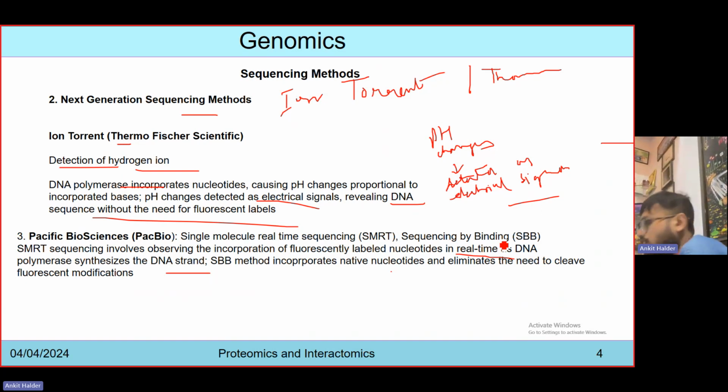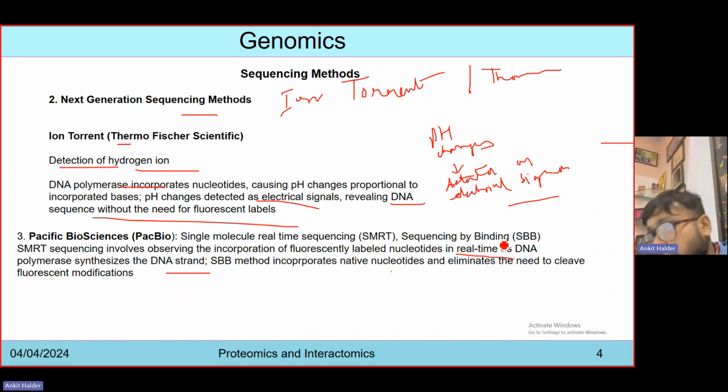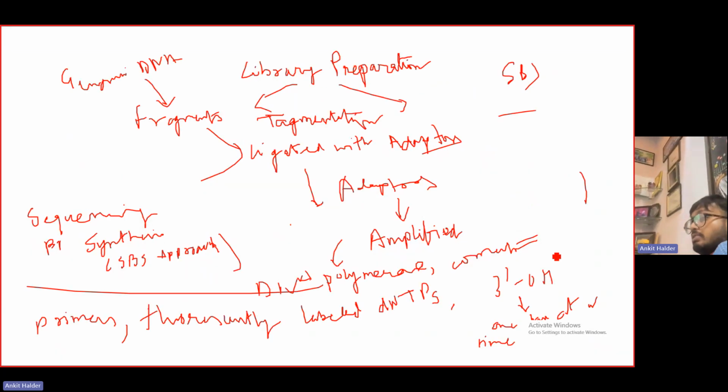So what we have seen is that in sequencing technologies like Ion Torrent, the detection is through pH changes.